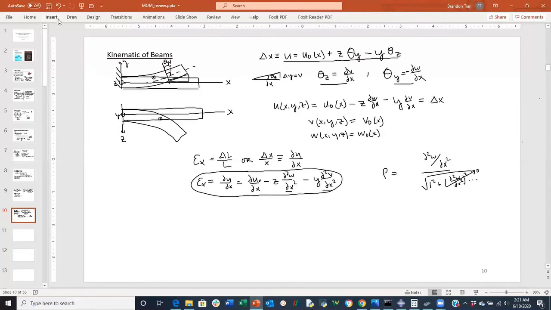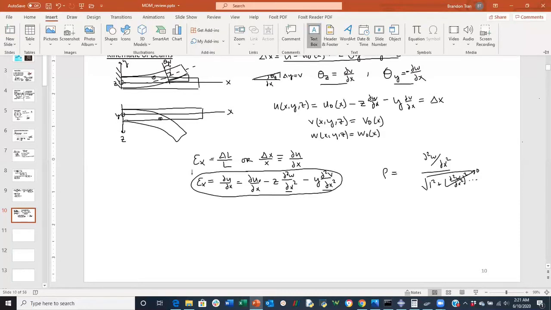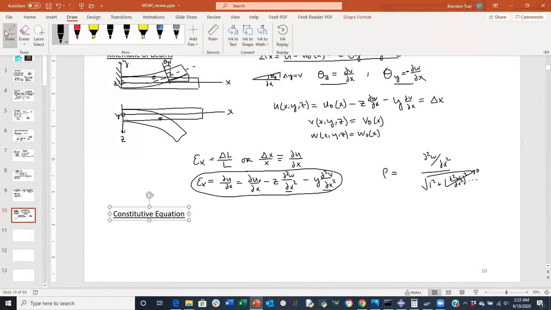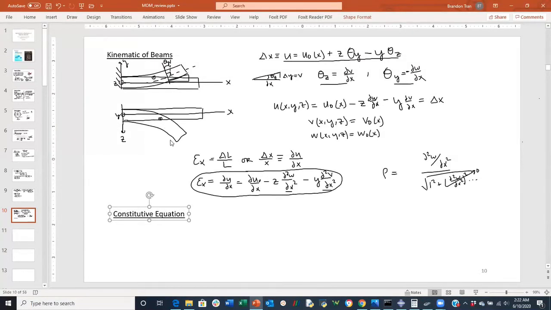The general constitutive equations. So, constitutive equations, right? If everybody remembers, from Hooke's law, we're assuming an isotropic beam, by the way.